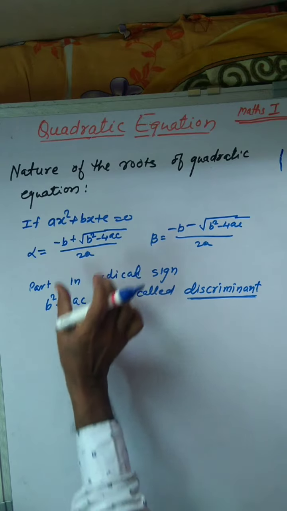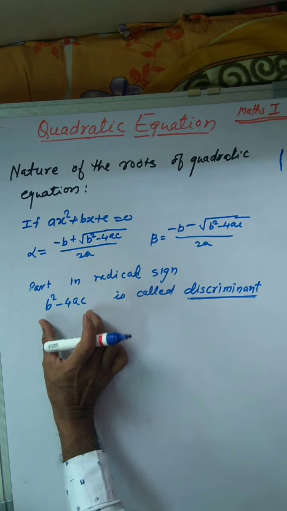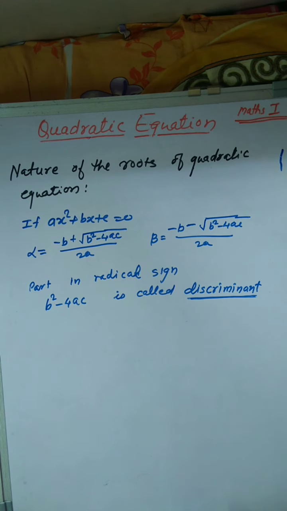The nature of the roots of the quadratic equation depends on this part, which is called the discriminant.